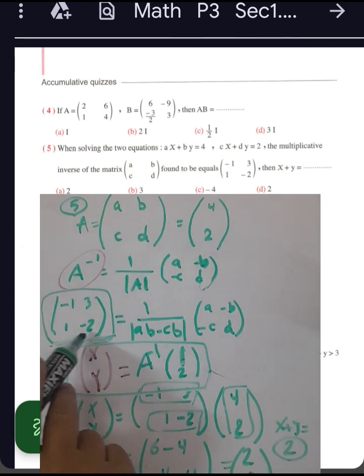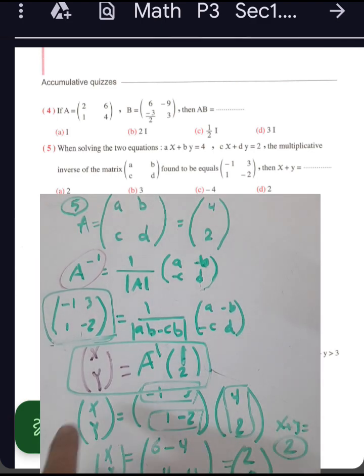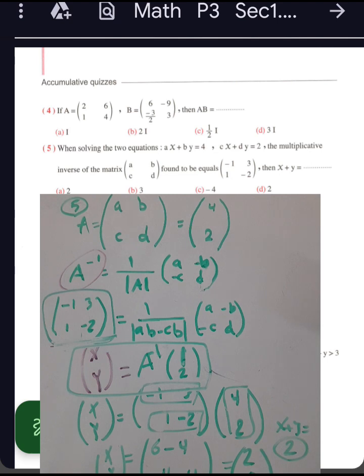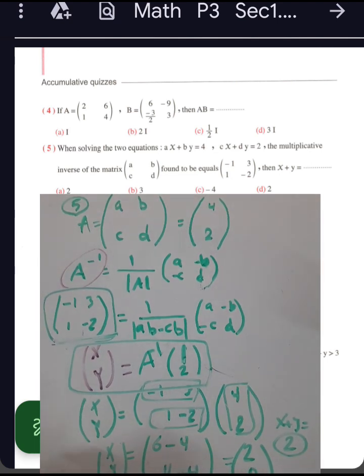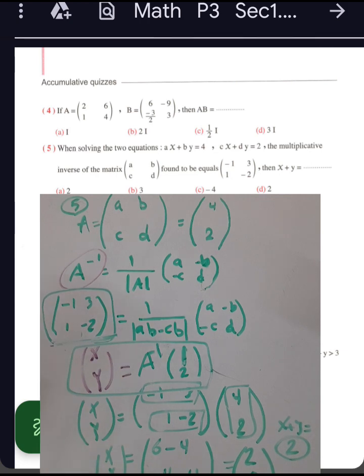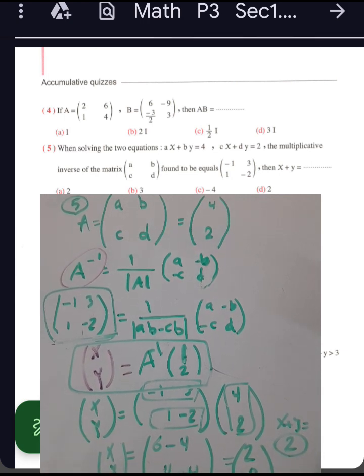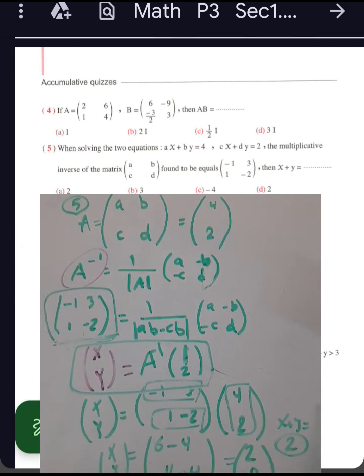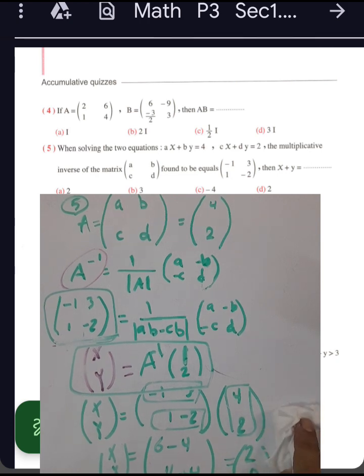If we multiply the inverse by the results, we get x and y. Then the sum of them equals 2. It was question number 5. Then the result here shows letter D for question number 5.